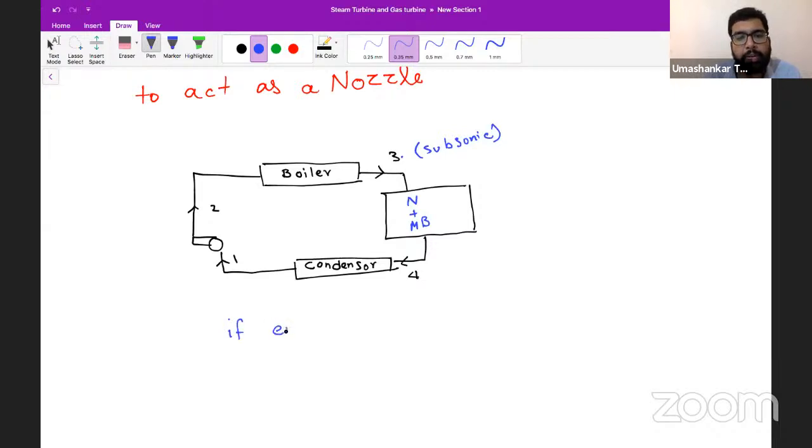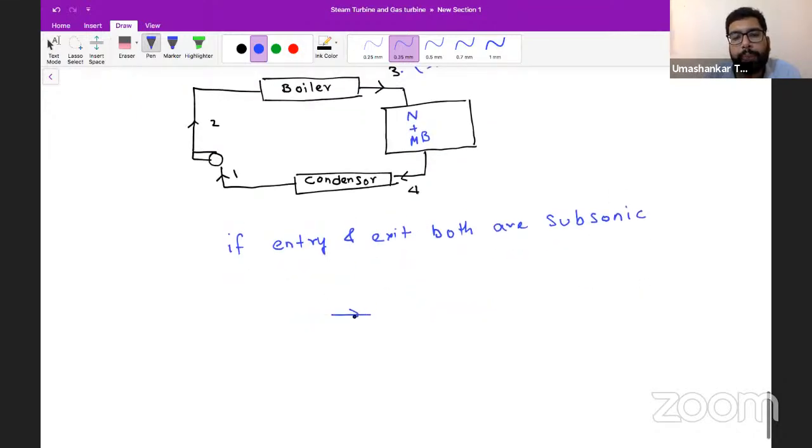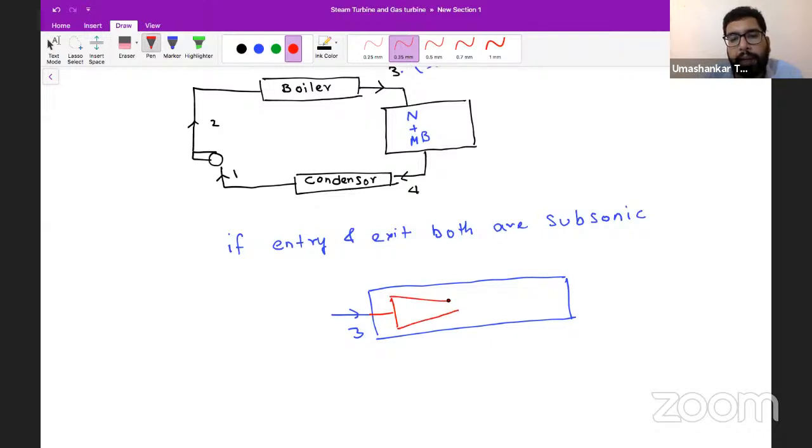If entry and exit are both subsonic, from this point 3, the entry to the steam turbine, the steam will go into the nozzle, and we should make the nozzle like this.